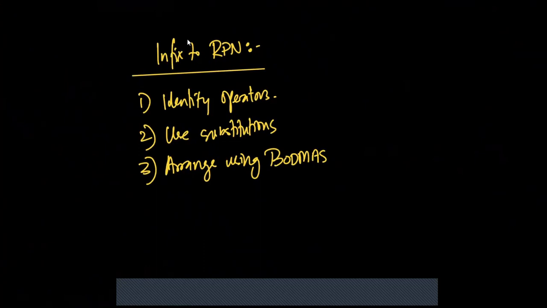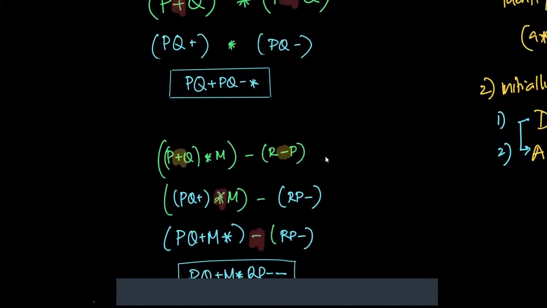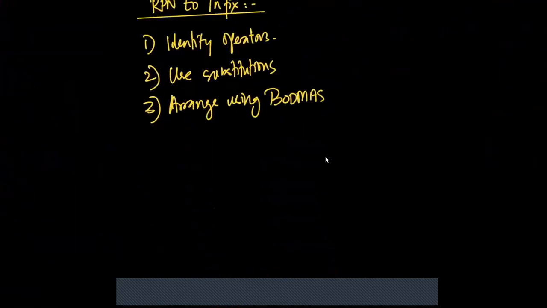Oh, I actually wrote the title wrong. This is going to be the opposite, so it's going to be RPN to infix. You might be wondering whether you still need BODMAS, but once we learn how the computer actually solves an expression like this, it's going to be pretty clear why we do it.